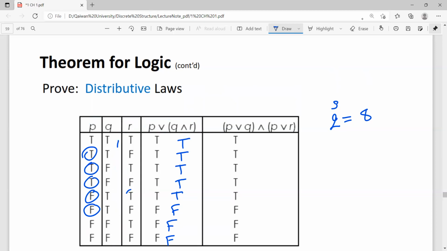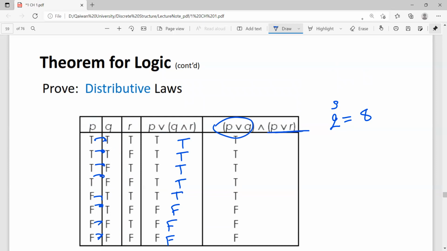P or Q is just combining these two by OR. So you get true, true, true, true, true, true, false, false. The last 2 are false, others are true.